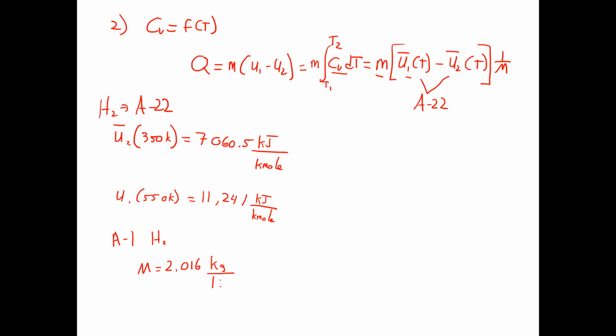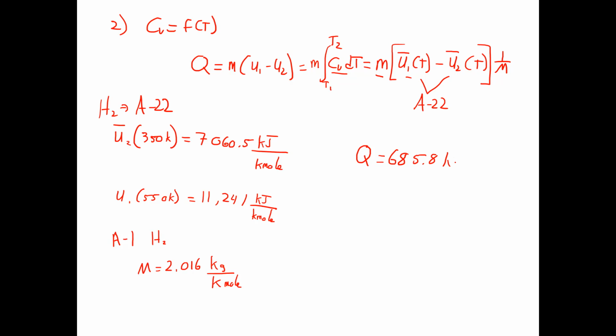So knowing my molar mass, pulling the internal energy values per kilomole from table A22, and knowing my mass, I can put in those numbers and solve for Q, and I get 685.8 kilojoules.